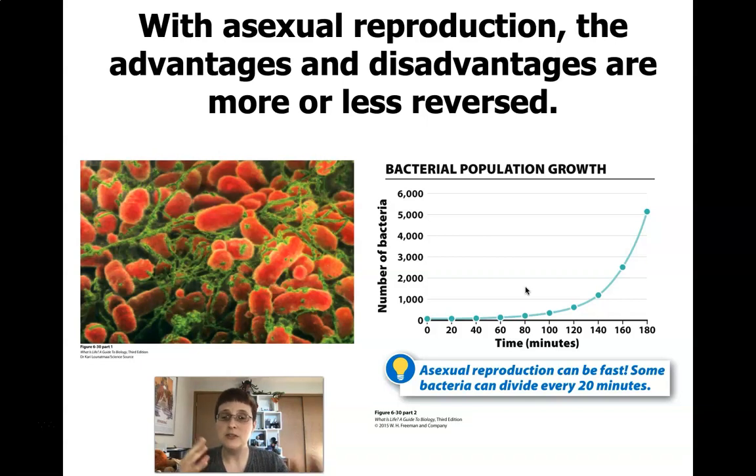So if the environment's changing, sexual reproduction, because you have that genetic variation going on, even though it takes some more time, you have that ability for genetic variation. If your environment's pretty stable, then asexual reproduction can work really well. Now you might be thinking, yeah, but bacteria have been around for a long time and there are tons of them. We'll talk about how they get around that problem of genetic variation when we get to the microbes chapter.